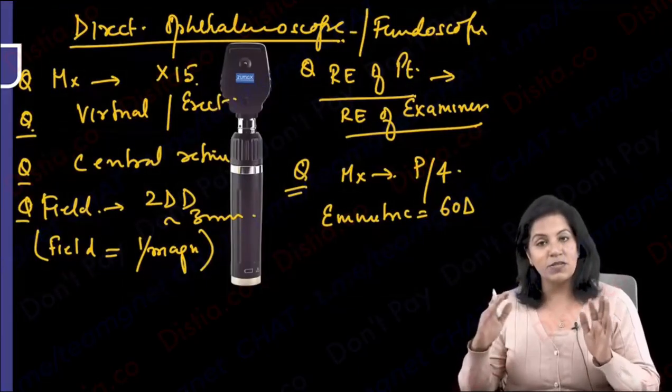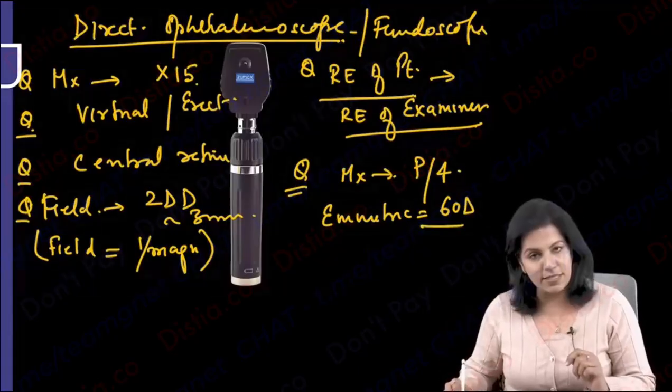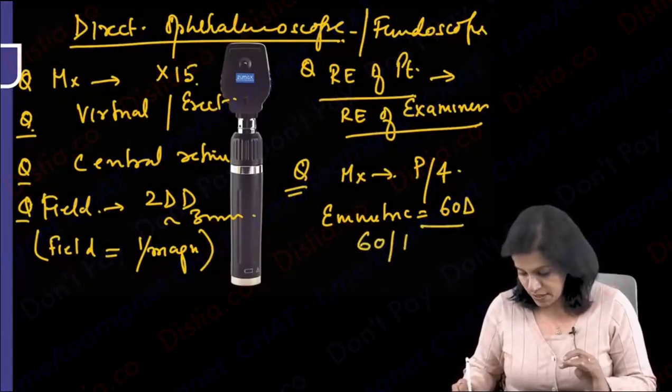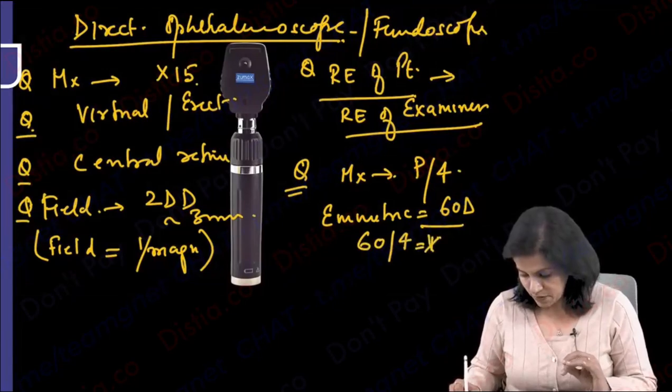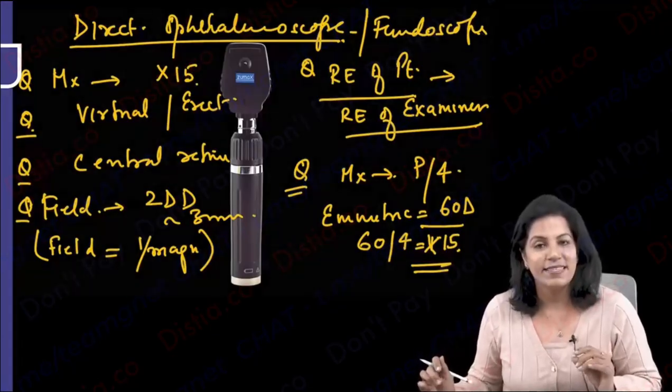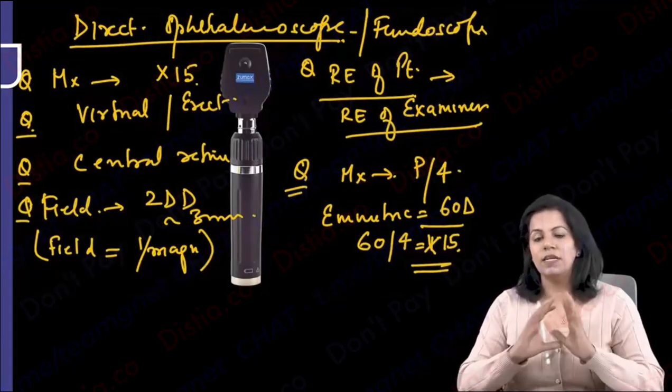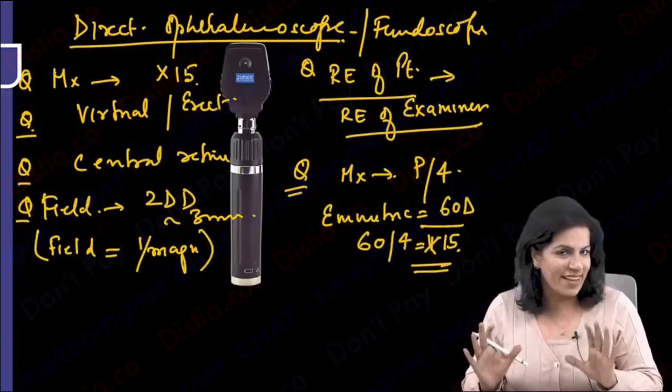It is generally 58 to 60 diopters, so we generally learn 60 diopters. So 60 upon 4 is 15 times, which is the magnification you have learned. I think these are the only possible questions they've asked you for direct.